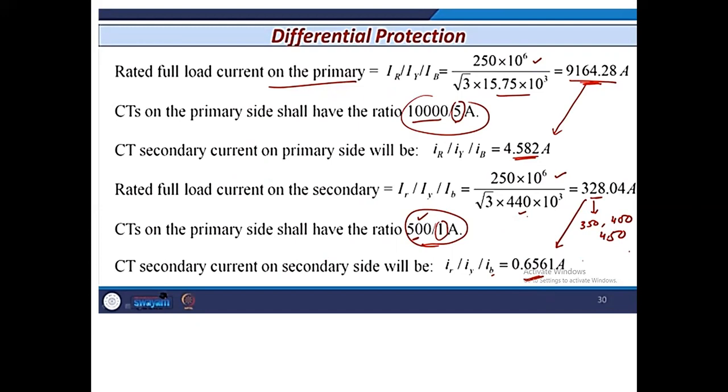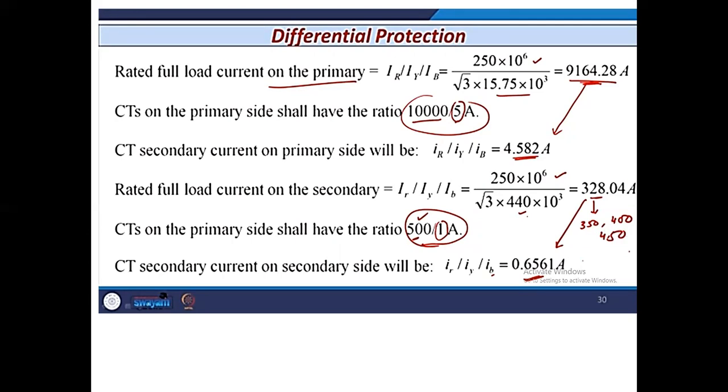Here you can go for 350 also, 400 ampere also, and 450 ampere also, because the CT standards are available in multiples of 50, but I have selected 500 ampere, looking into the future load growth.